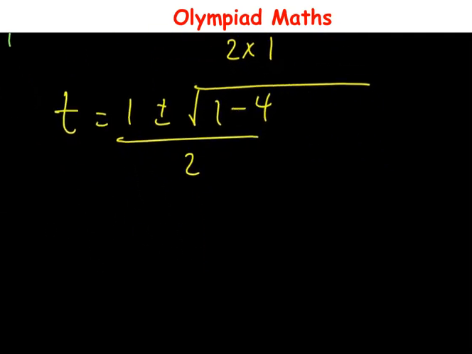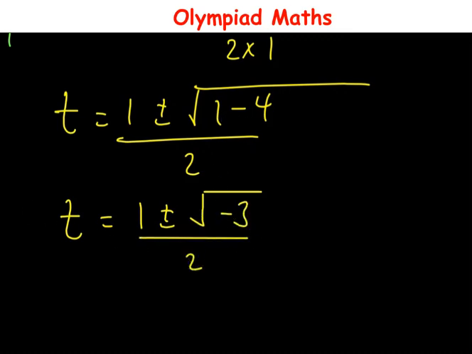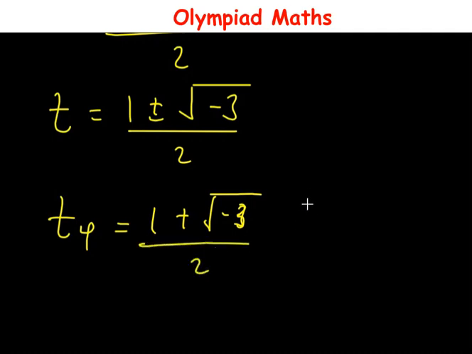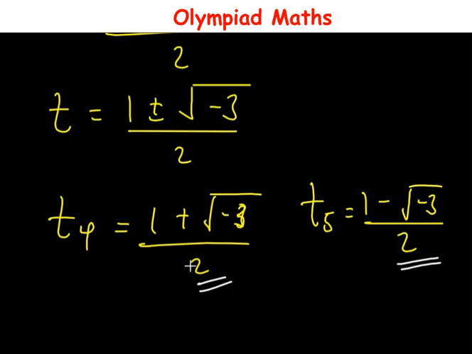With this, the value of t is equal to 1 plus or minus root 1 minus 4 is minus 3, all over 2. So at this junction, the value of t4 is equal to 1 plus root minus 3 over 2. And the value of t5 is equal to 1 minus root minus 3 all over 2. With this, we've gotten the fourth solution and the fifth solution for the value of t.